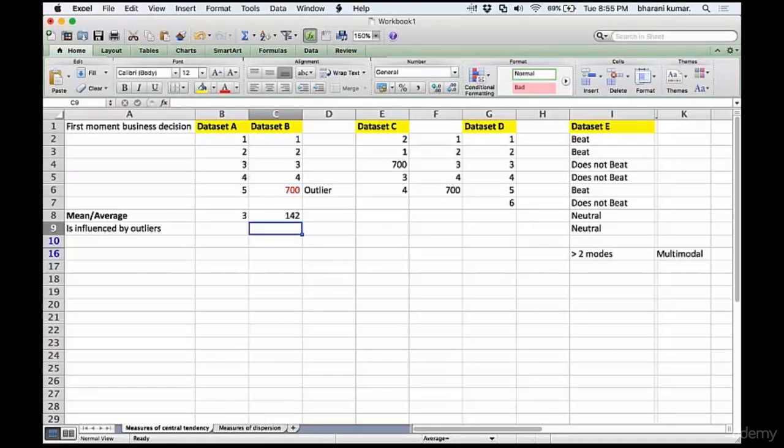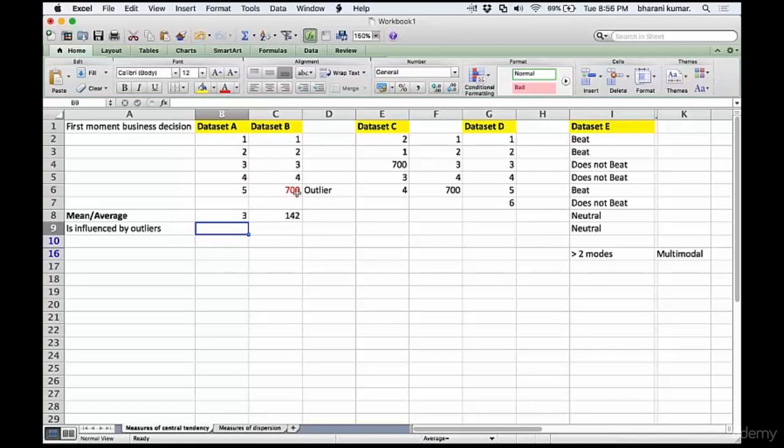Oh my God, there is such a huge difference. Just because I've changed only a single number, the average moved to a different direction altogether. It has moved from 3 to 142.